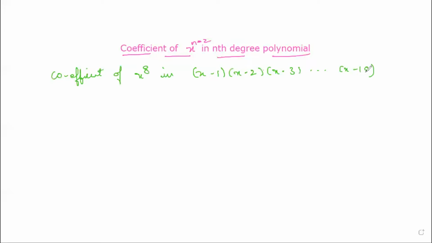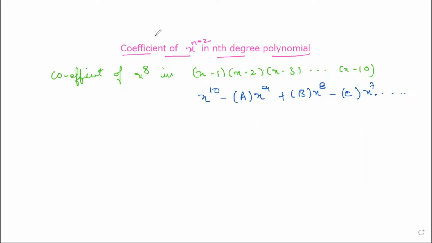If you look at this polynomial, it is an nth degree polynomial, or 10th degree polynomial, and on expanding it we will have an x^10 term, minus some constant into x^9, plus another constant into x^8, then another constant with a minus sign, x to the power of 7, and so on till you get the last constant.